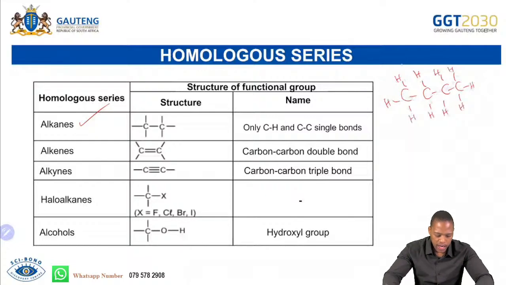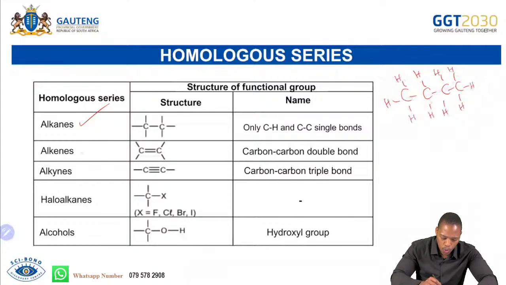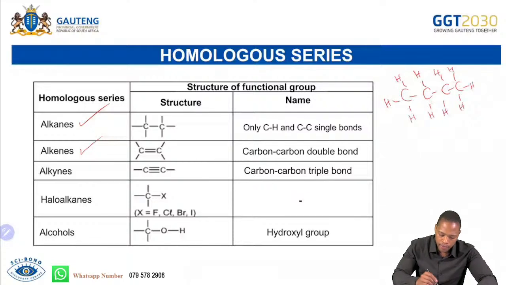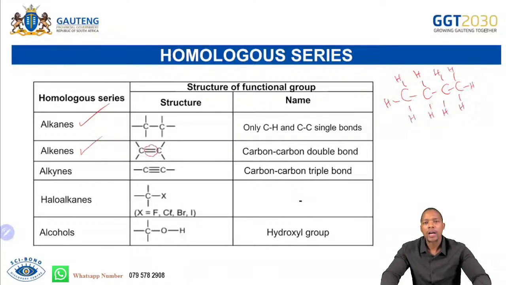The second homologous series is known as alkenes. How do we see alkenes? What is their functional group? Remember, the functional group tells us to which homologous series the compound belongs. How will I know if a compound belongs to alkenes? If I see a double bond between carbon atoms.